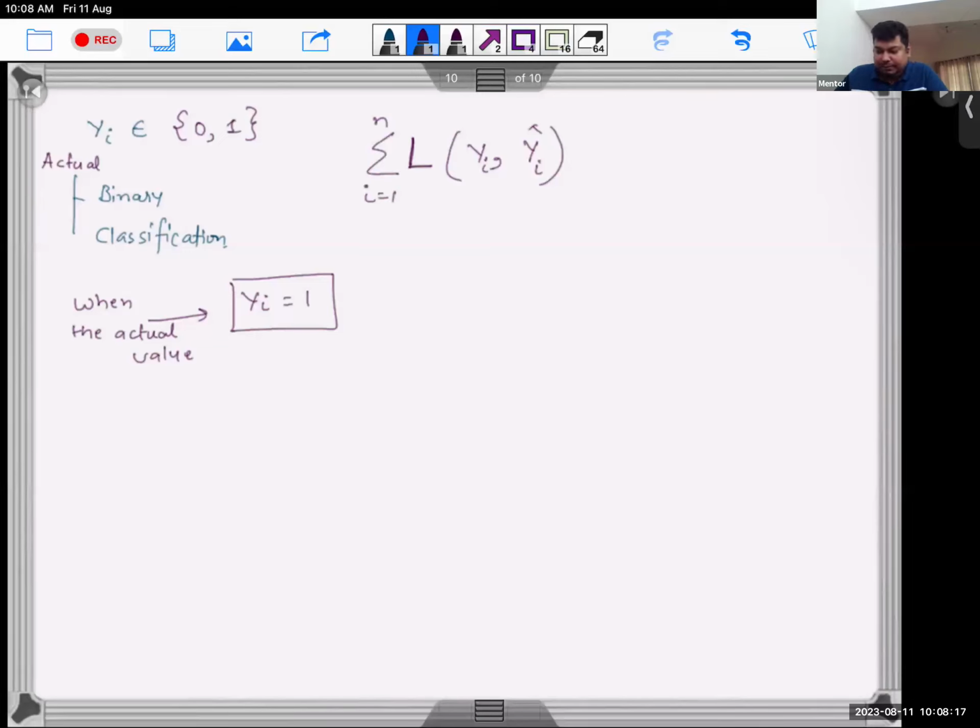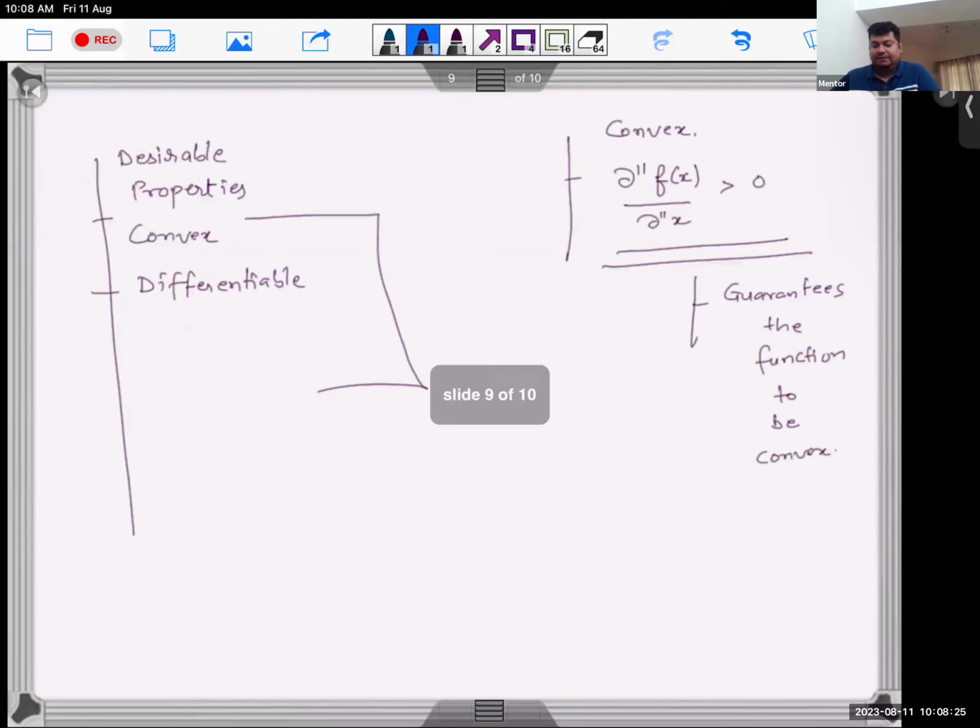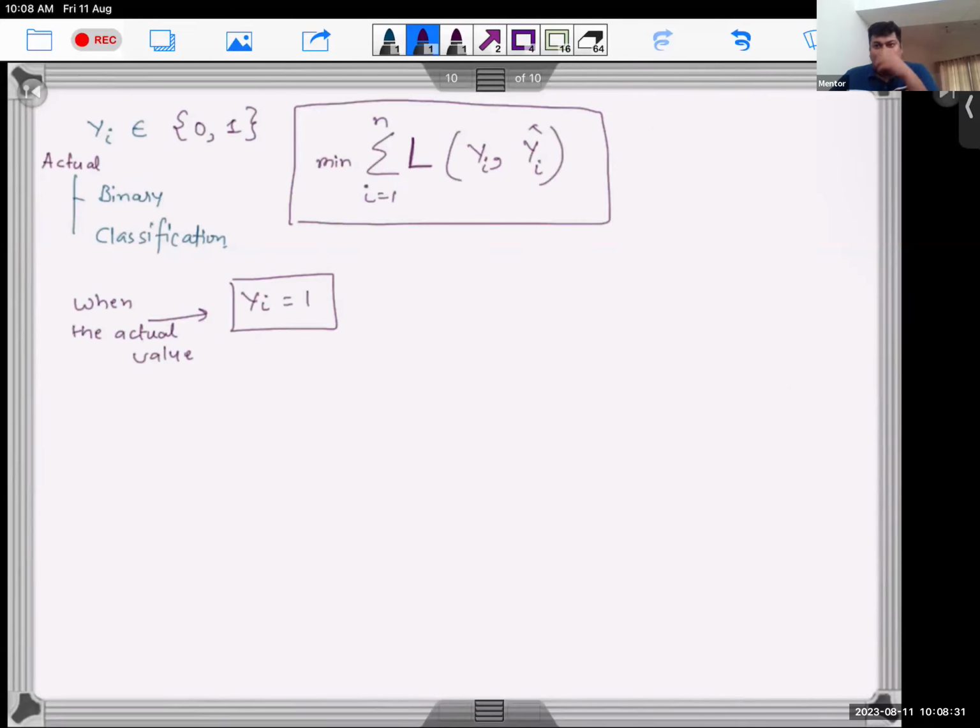And our objective is to minimize this loss function. The desirable properties that we need, I have talked about here: convexity and differentiability. So I'm going to make a plot just to illustrate how these functions are designed.